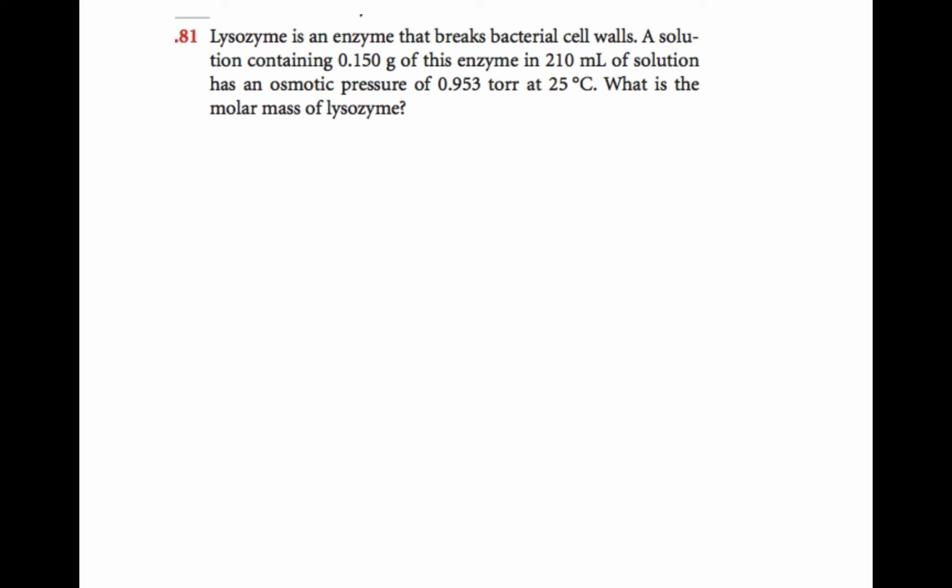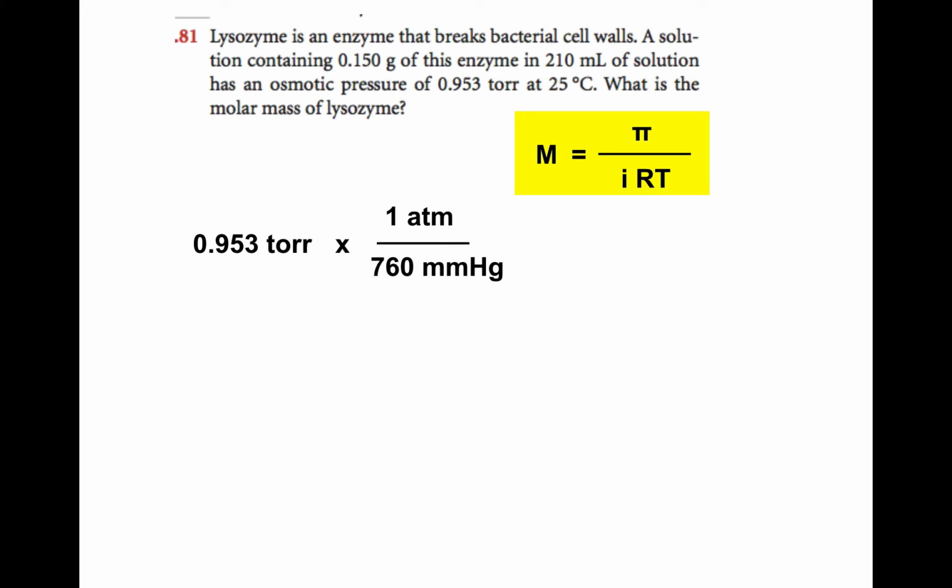All right, so I rearrange osmotic pressure to solve for the molarity of the solution, so divide both sides by iRT. I know what the temperature is, I know what R is. What I need is the osmotic pressure in atmospheres, and they gave it to me in torr. So 760 millimeters of mercury is the same as 760 torr. I convert to atmospheres.